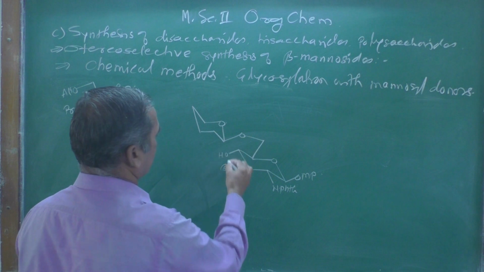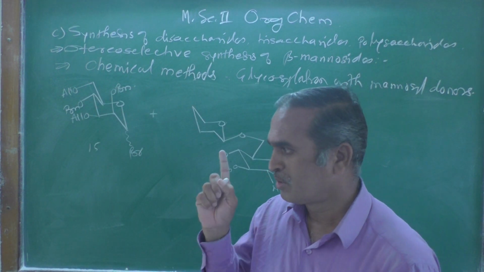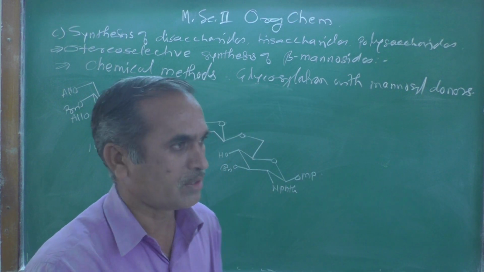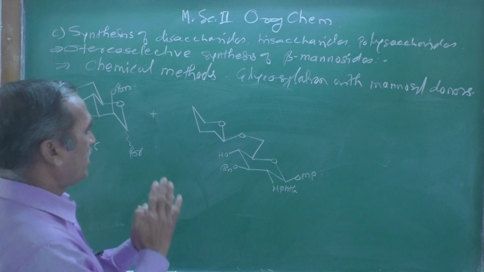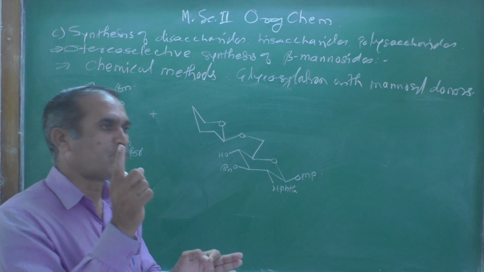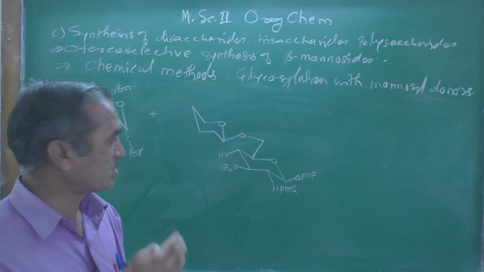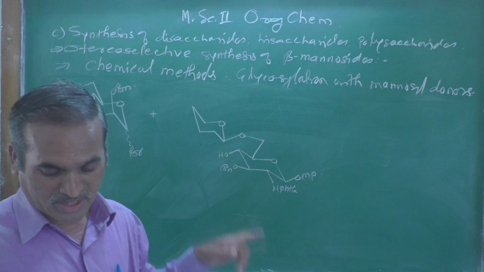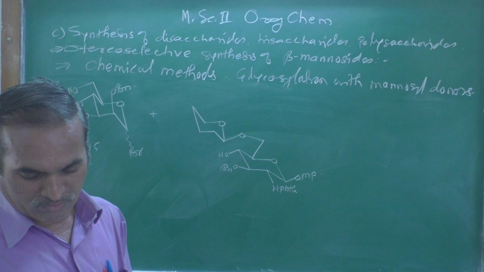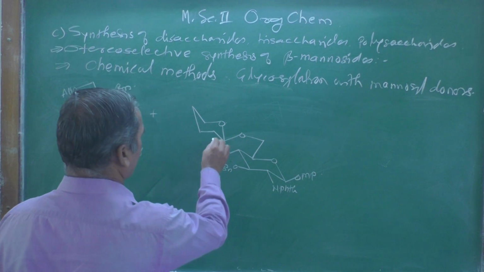Whenever we desire the reaction at a specific region, we make that hydroxyl group free to form the glycosidic linkage, meaning glycosidic bond formation. That's why at this point specifically we are keeping this hydroxyl group free.